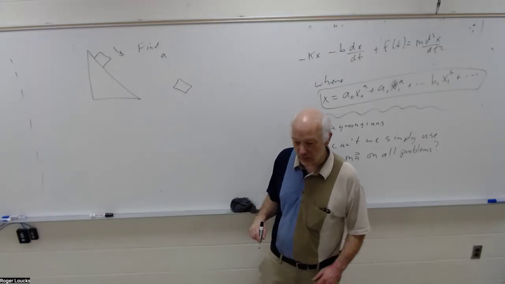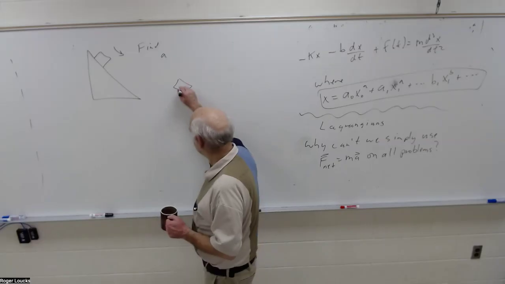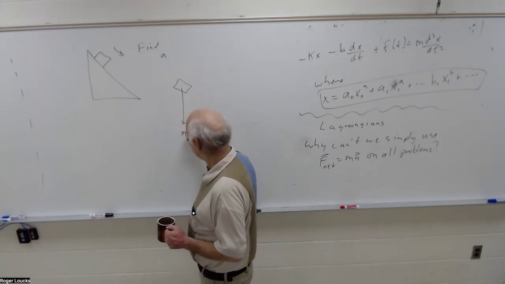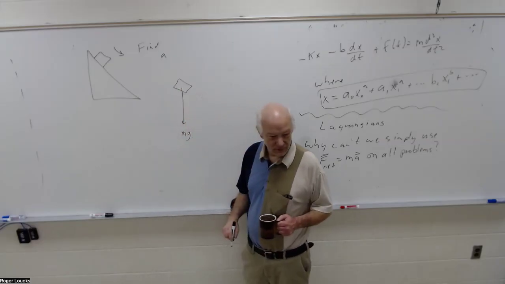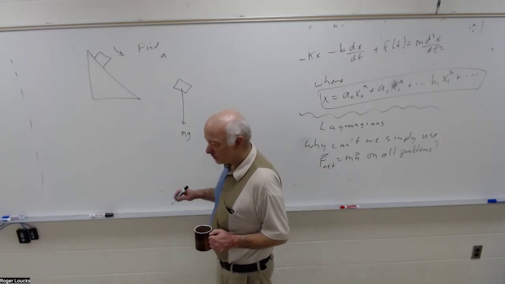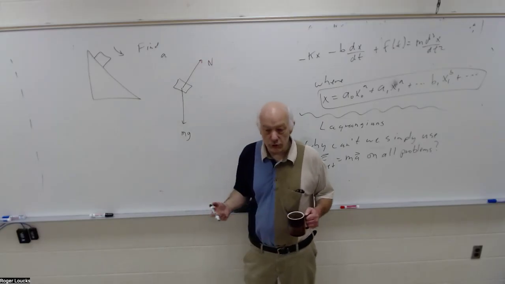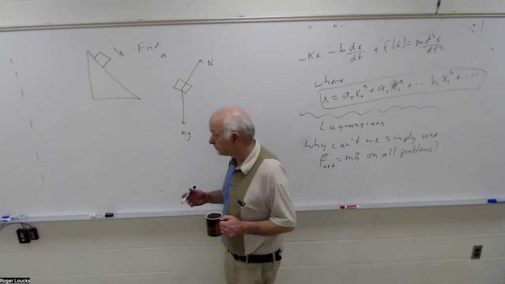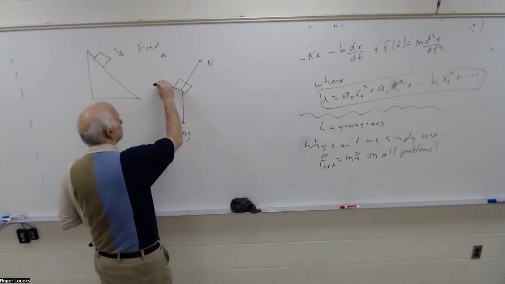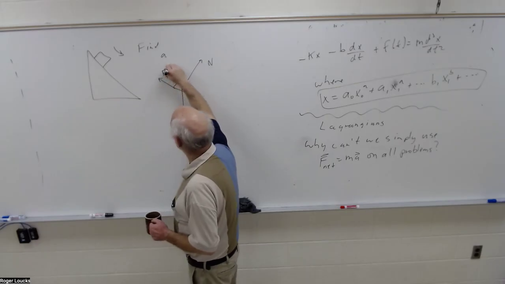What are all the forces on that little mass? The normal force. What does normal mean? Perpendicular to the surface. And there could or could not be friction on it. Here we can have friction.